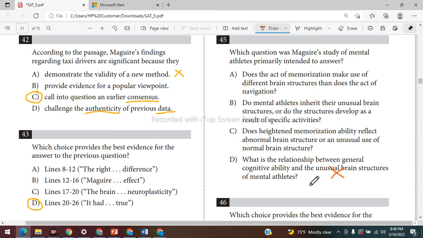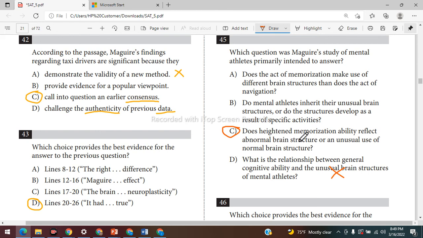But what we could say is C because it says, does heightened memorization ability reflect abnormal brain structure? Remember, her question was, is the fact that they can memorize so well because their brain is structurally different from the rest of the people? And contrary to her belief, she found that nope, their brain is the same.